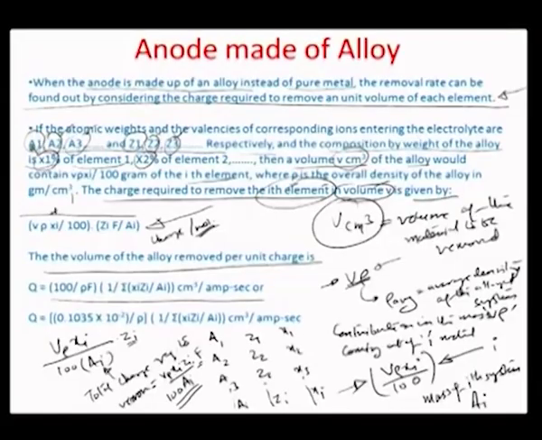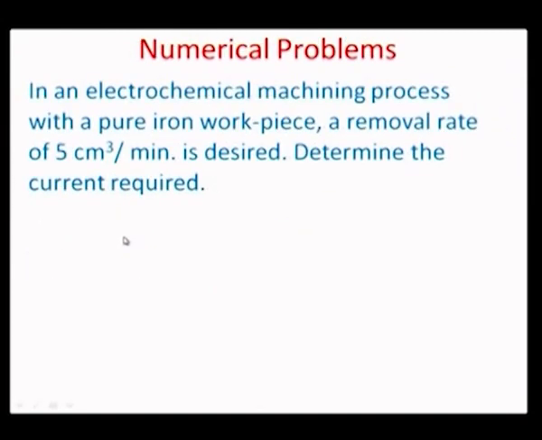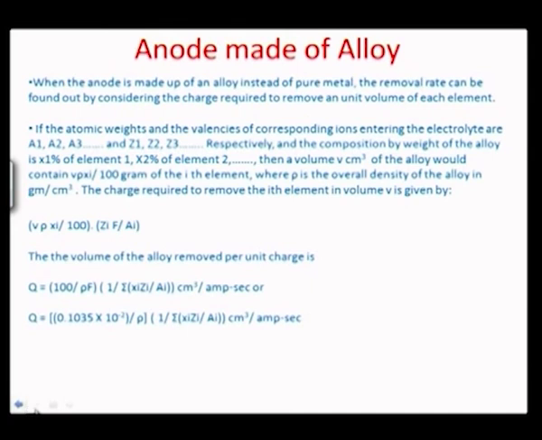So, the volume of the alloy removed per unit charge is simply given by the formulation, just the inverse of whatever is mentioned here. And that can be represented as 1 by V rho xi divided by 100 times Zi F by Ai.